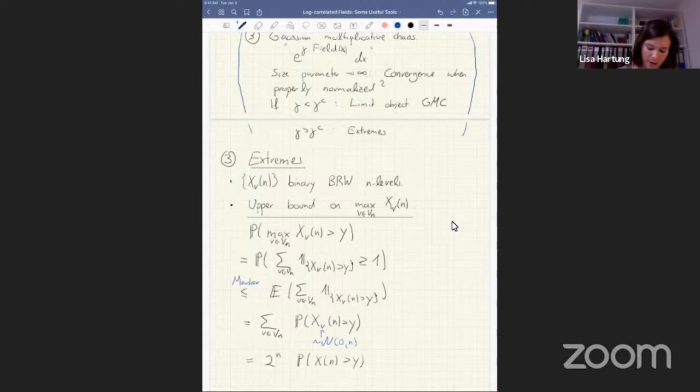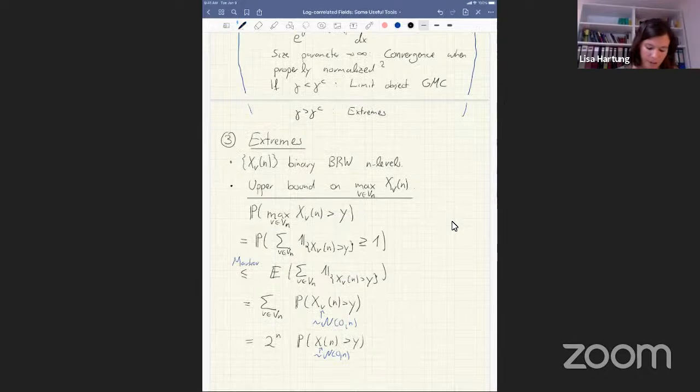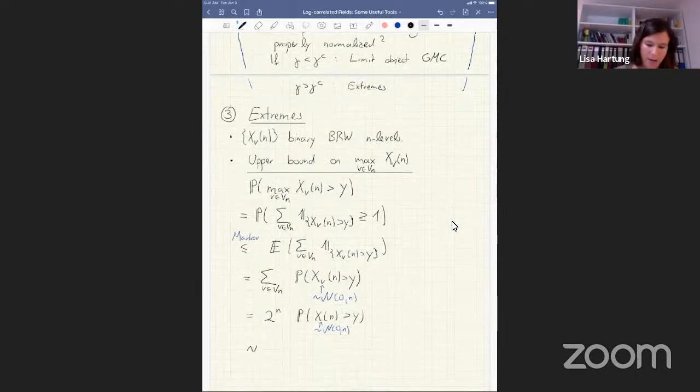I have 2 to the n particles, so I know that y should not be too small. And so for y large, I can actually compute this very nicely. I know that this is roughly 2 to the n, and now I use the Gaussian tail formula.